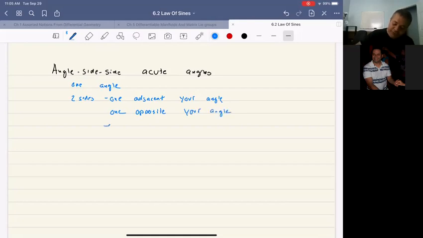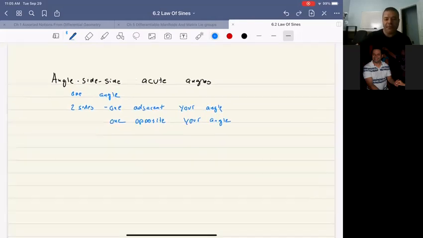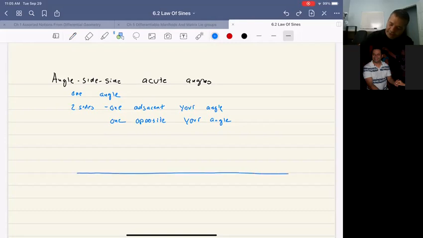So that means I'm going to always draw it one very specific way. I'm going to draw this line sort of going out forever. Let me draw it straighter. I'm going to draw one line going out forever like that.